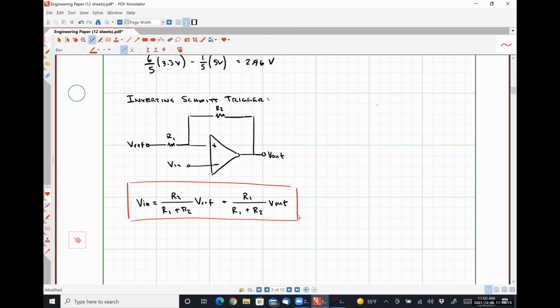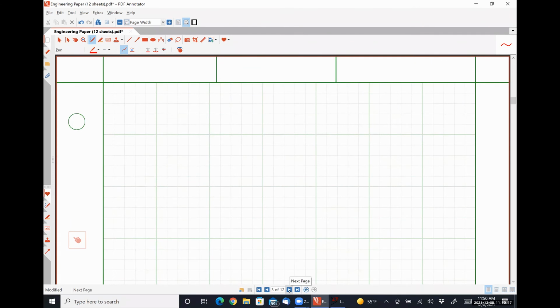So the last circuit that I want to talk about today is something entirely different. We are going to talk about an OpAmp multivibrator circuit, or OpAmp astable multivibrator.